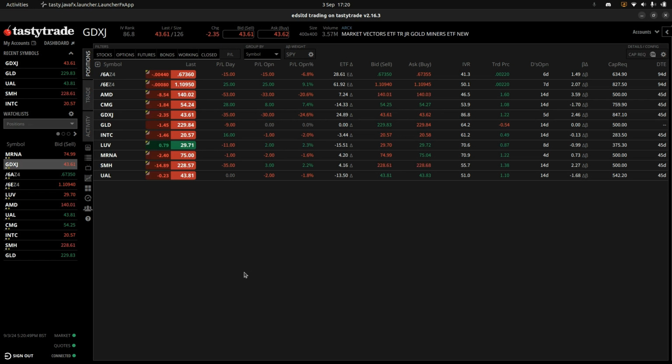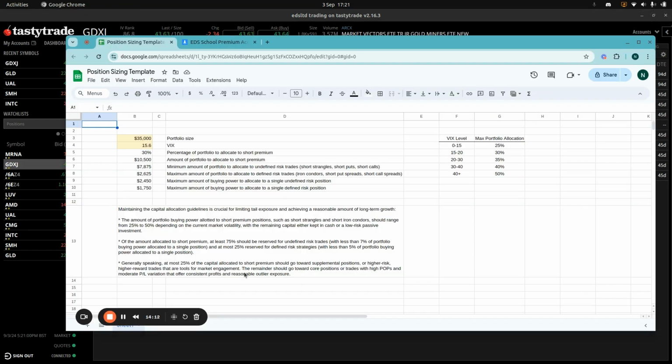So with that being said, you need to know how to size your positions correctly, how much money to allocate to certain strategies. And what we've done is we've created this position sizing template for you. Everybody can get a copy of this. The way it works is you just put in the size of your portfolio.